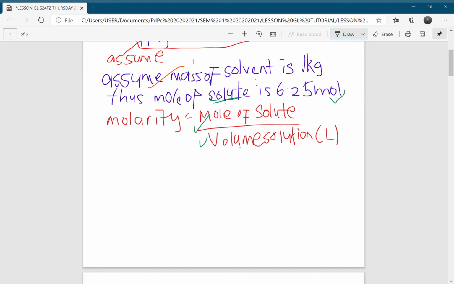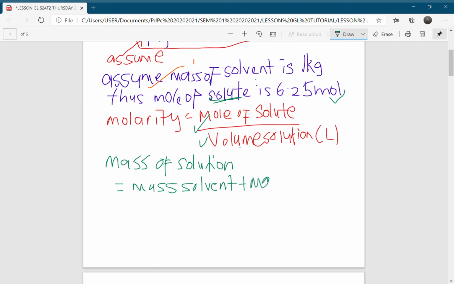You must first find out the mass of solution. Why? Because we want to substitute into the formula of density to find out the volume of solution. The mass of solution is equivalent to the addition of mass of solvent plus mass of solute.